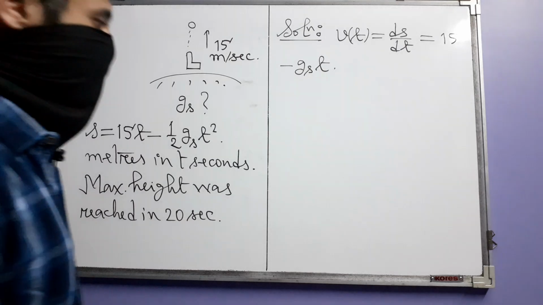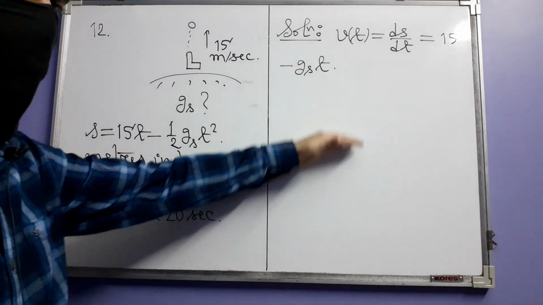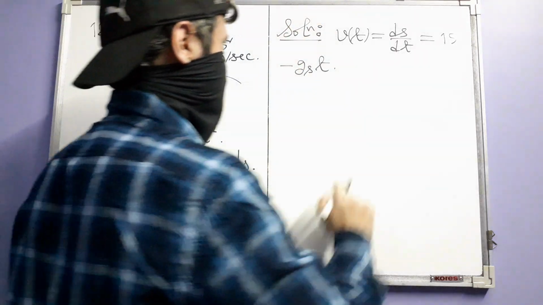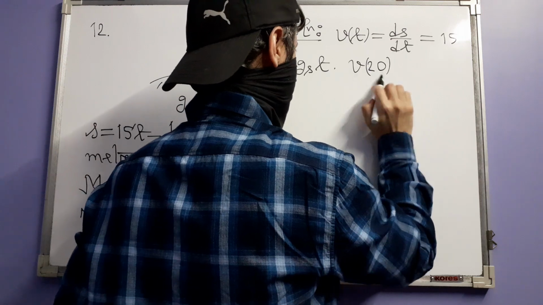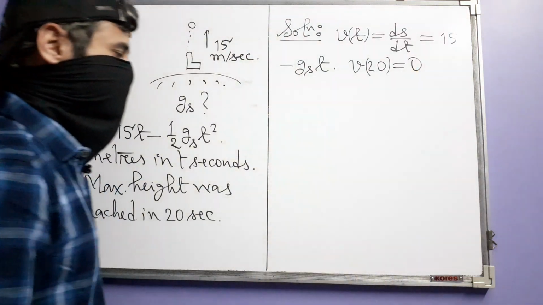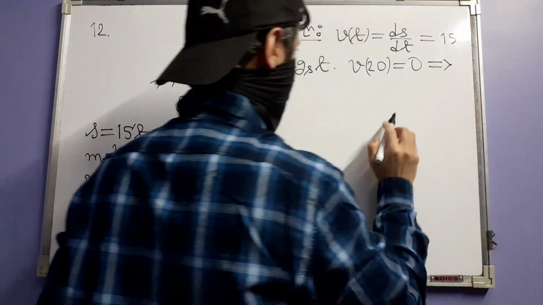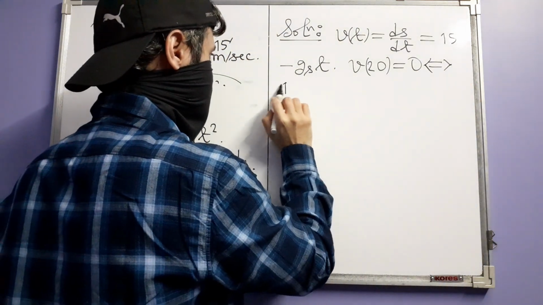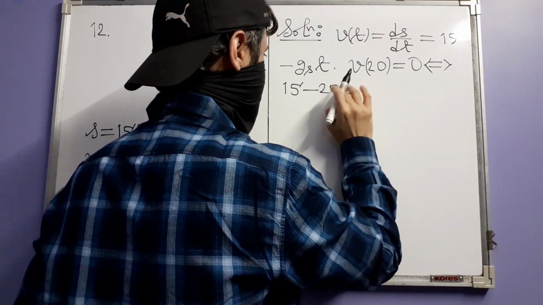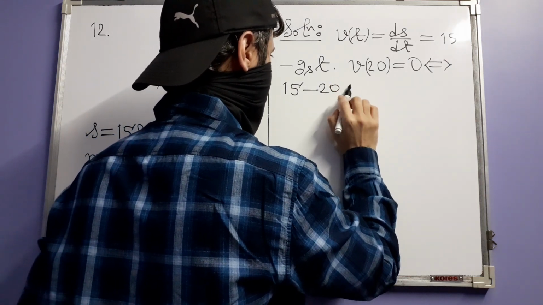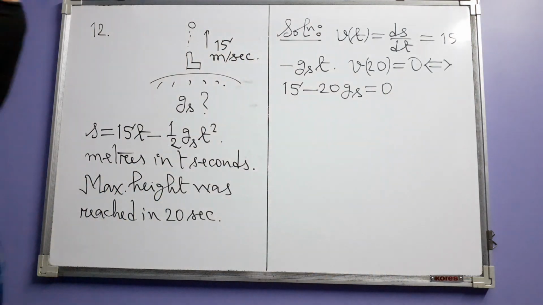Okay. And it's given that 20 seconds are needed for the ball bearing to reach maximum height. So that means V of 20 should be equal to 0. So this means 15 minus 20 times gs is equal to 0.